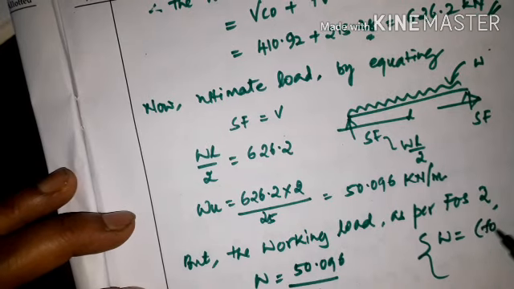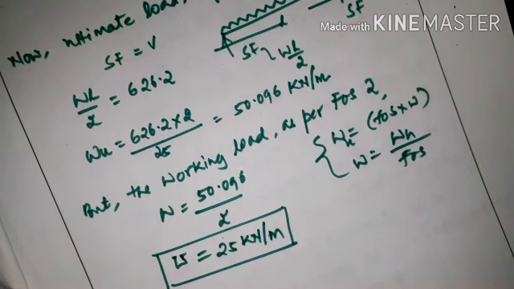WU will be factor of safety into W, so you get the ultimate load when you multiply the factor of safety to the working load. When you want the working load, the working load will be WU divided by factor of safety, which is 2. So you get W as 25 kilonewton per meter. This is the final solution, 25 kilonewton per meter.